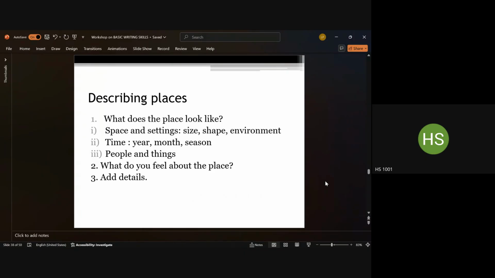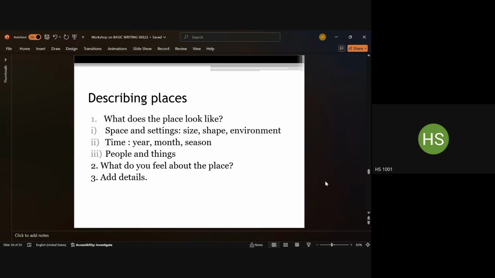And then about people and things that you saw in the place, right? So describing places in that way is, in a sense, a triple description. You're not only describing the place, but you're also describing both people and things in that case, right? When you're describing places, this is one technique that you can use to expand the description of places, right?